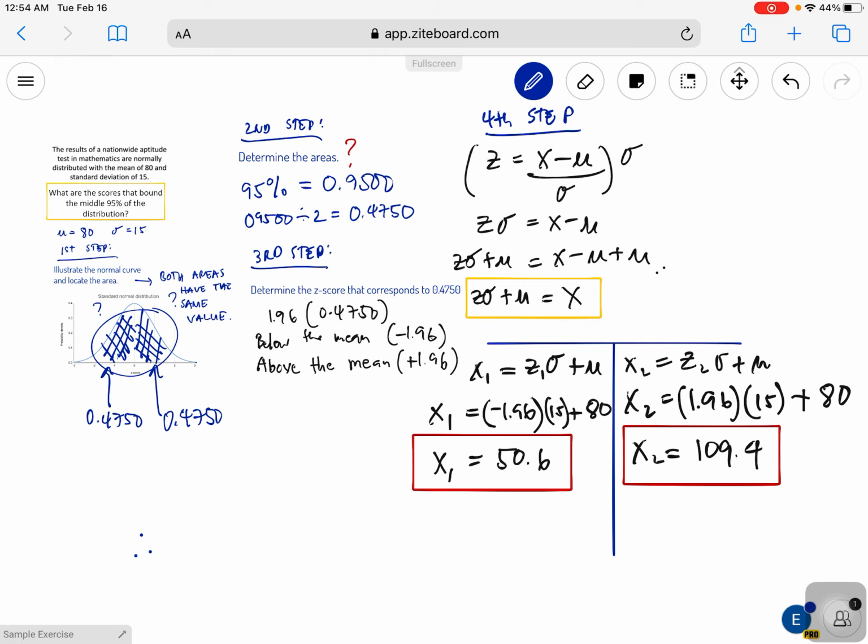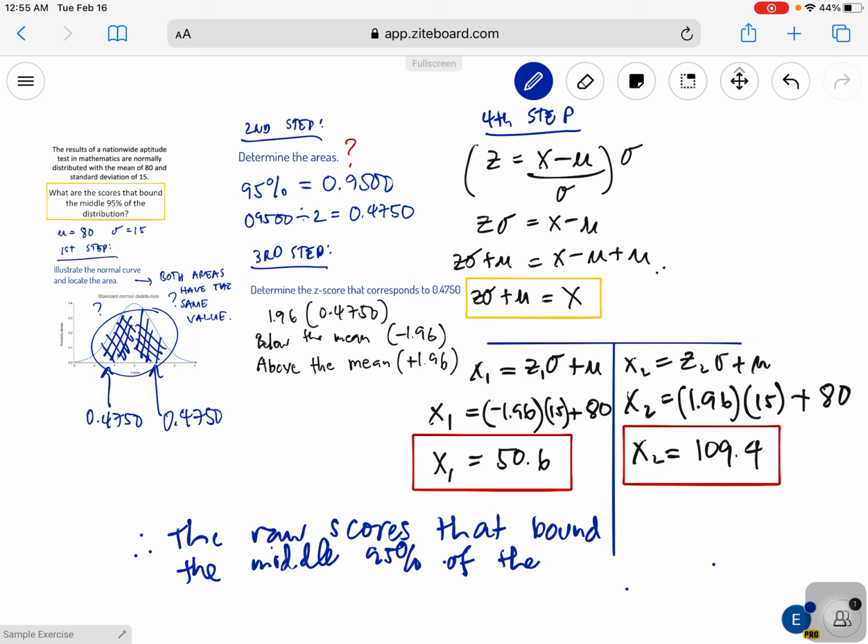So the raw scores that bound the middle 95% of the distribution are, please bear with my handwriting, 50.6 and 109.4.